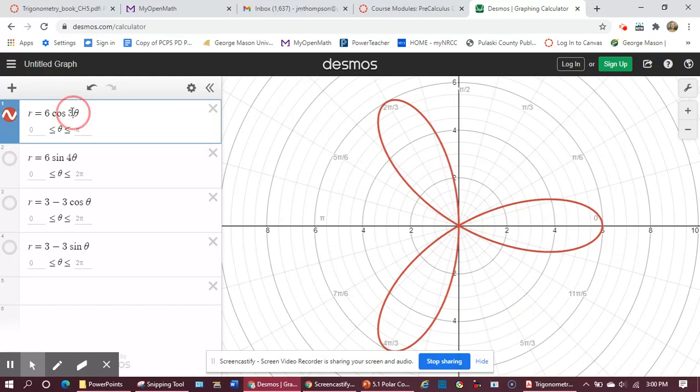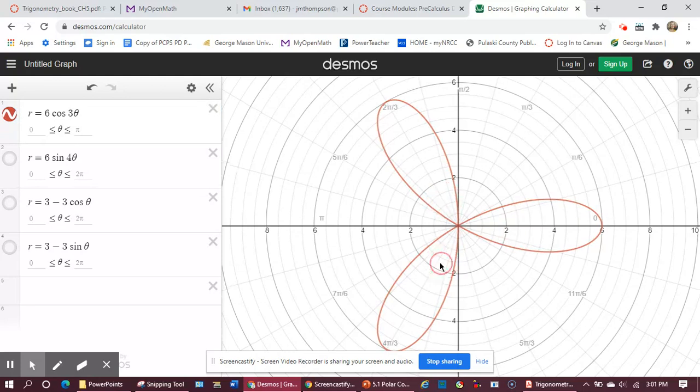If you have an odd coefficient of theta, then you'll have that same number of petals. So if I have a coefficient of 3 here, then I have 1, 2, 3 petals. So this is a 3-petal cosine rose.